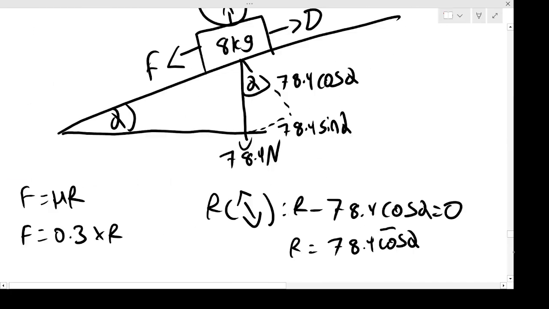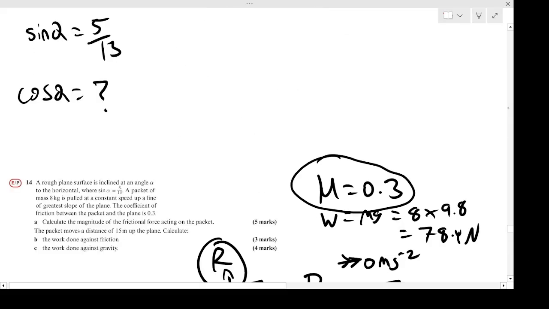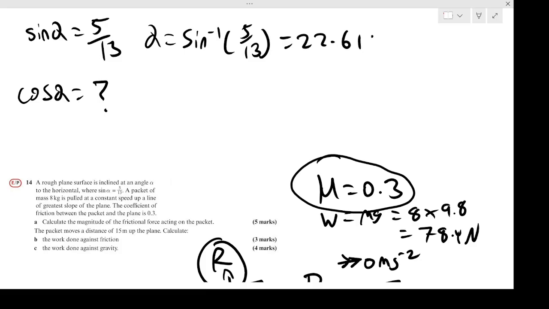You might think, well, let's just do inverse sine, right? If we did inverse sine of this, the issue is you'd get a nasty number, 22.619 blah blah blah degrees. If we then did cos of that, well, sometimes it might work.